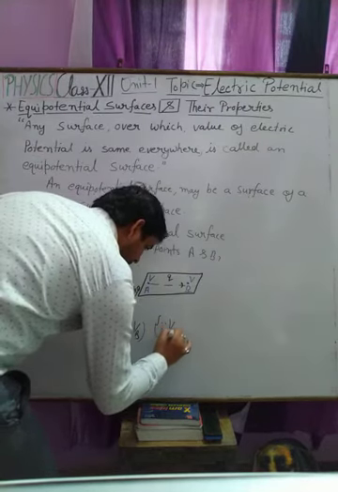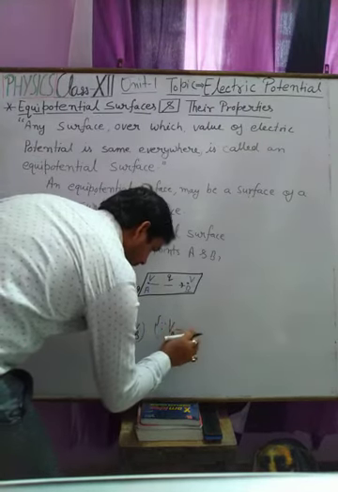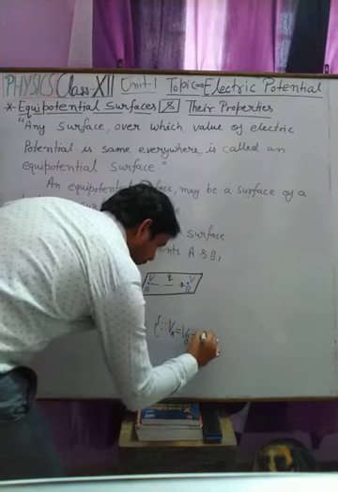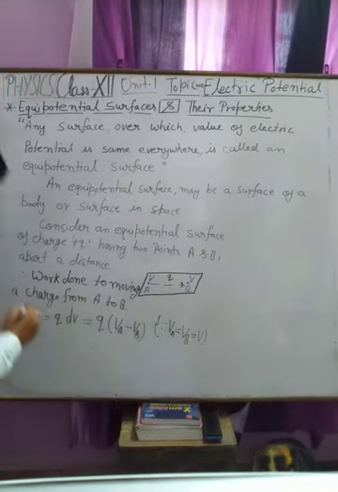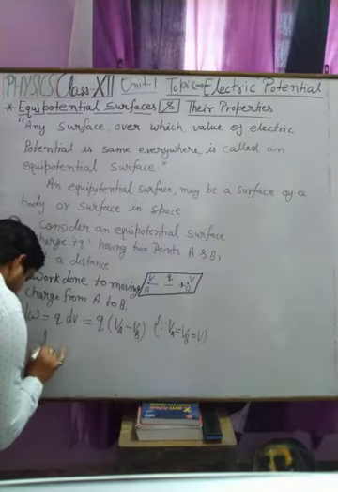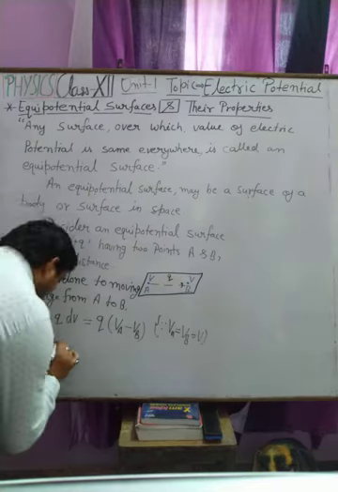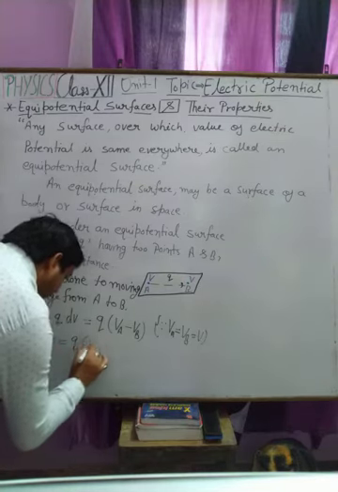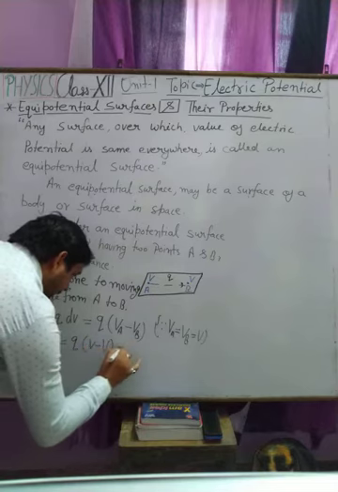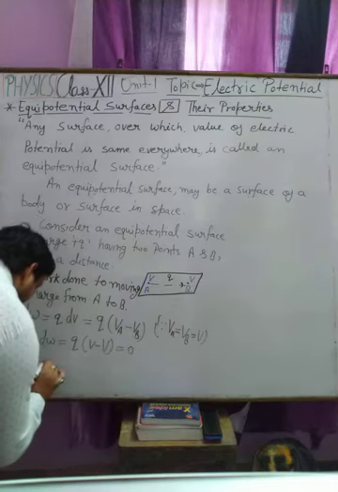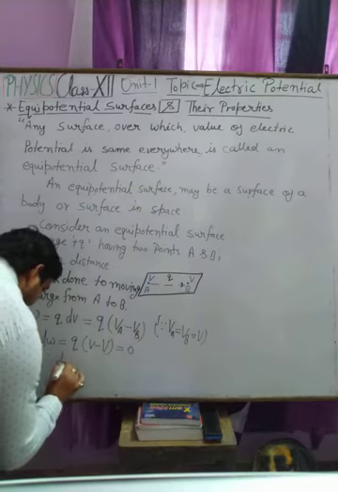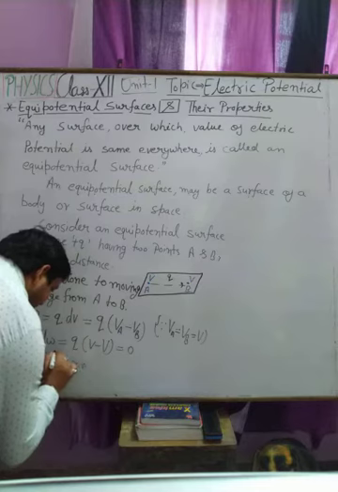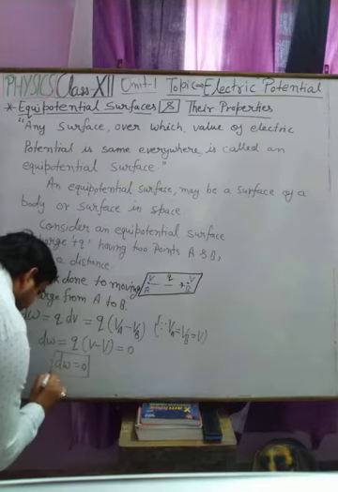But we have VA equal to VB equal to V. Therefore, work done is equal to q times V minus V, which is 0. That is, the work done to move a charge in an equipotential surface is 0.